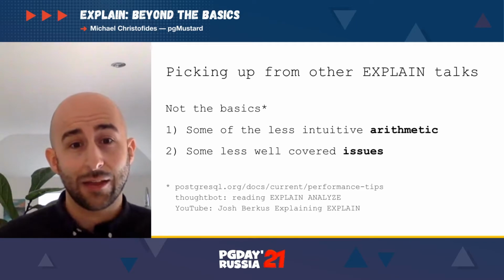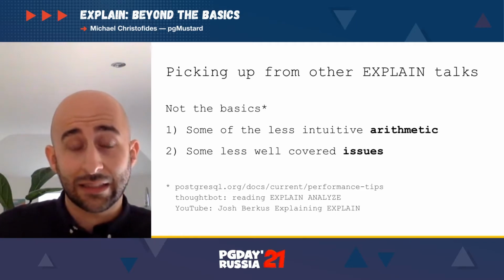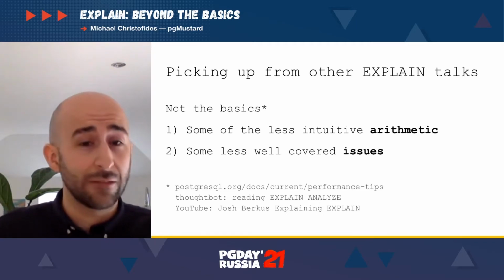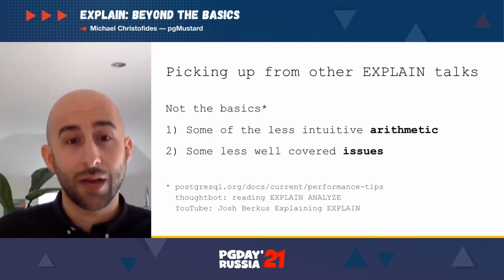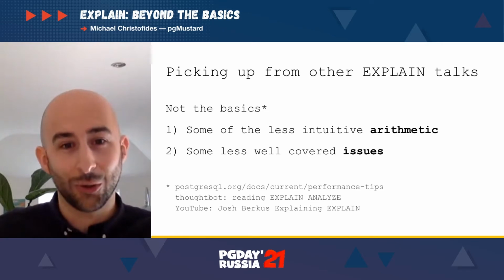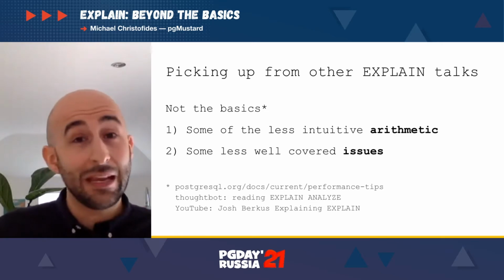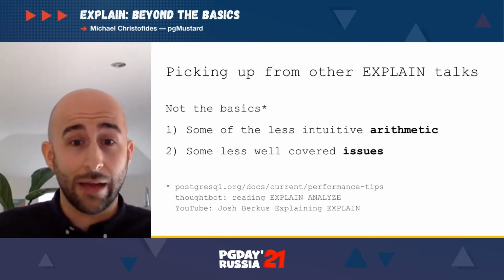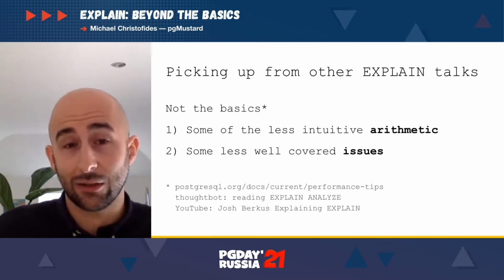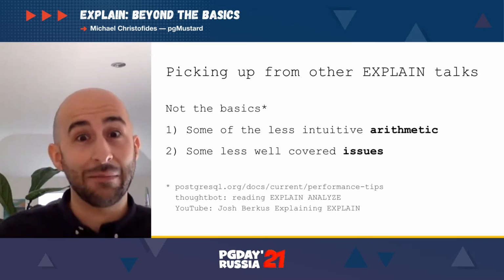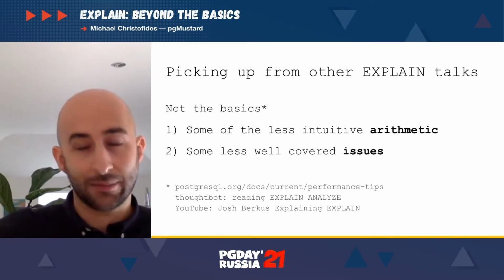And then the talk I think is best for the basics is one from about 2015, 2016 time. I think he gave it a few times. It was by Josh Berkus, and like a lot of them, it's called Explaining Explain. Even though it's a few years old now, the topic is still super relevant. Everything in there still makes perfect sense, and it's still a really good introduction. So the aim here today is to pick up from that.